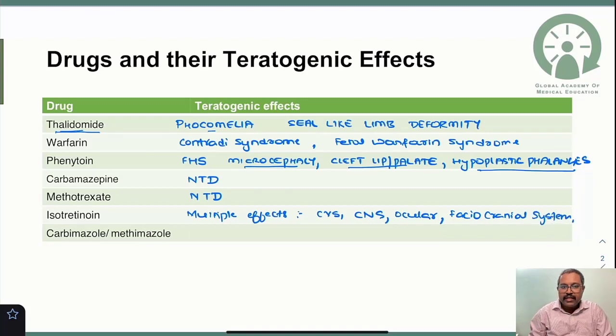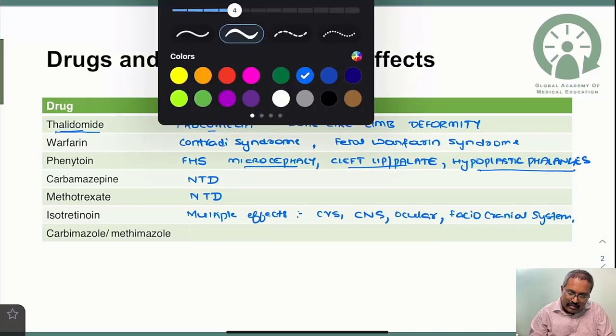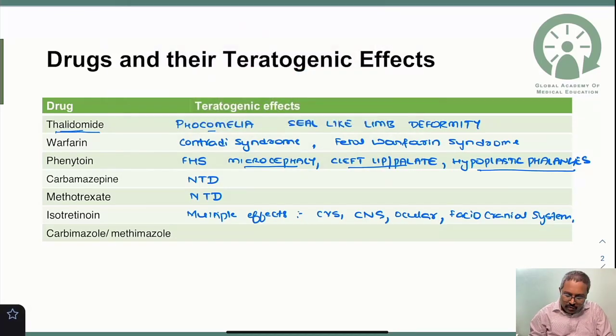system. So next, coming to carbimazole and methimazole, which are the antithyroid drugs. Please remember, these drugs are known to cause aplasia cutis. And especially carbimazole is known to cause atresias.